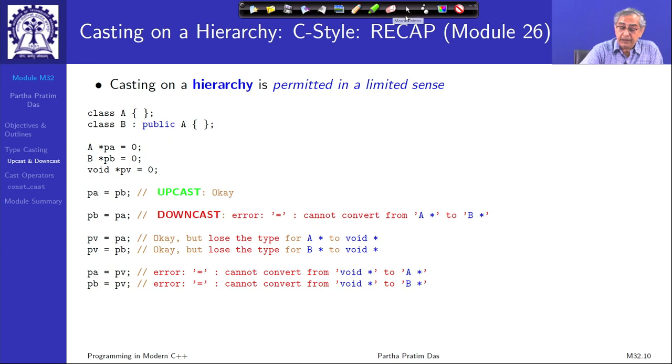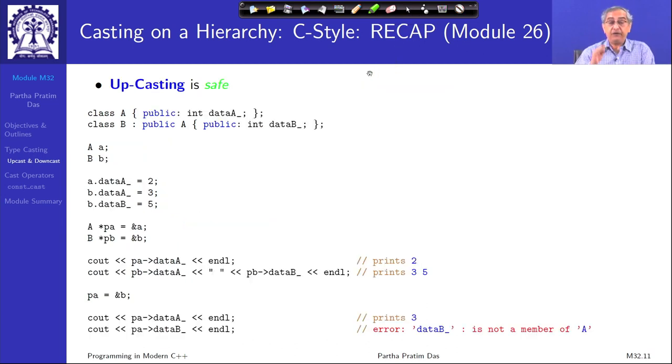So, none of these are new. I am just reminding of what we did, and we concluded that upcasting is safe. With the upcasting, if we use the right pointers, we can print everything.